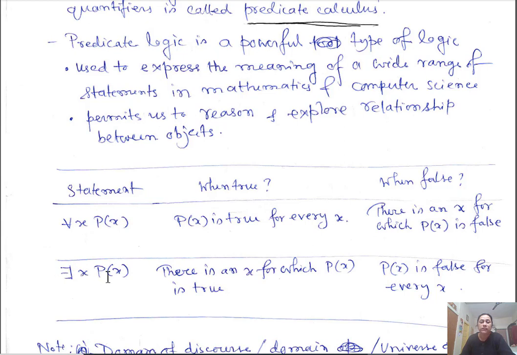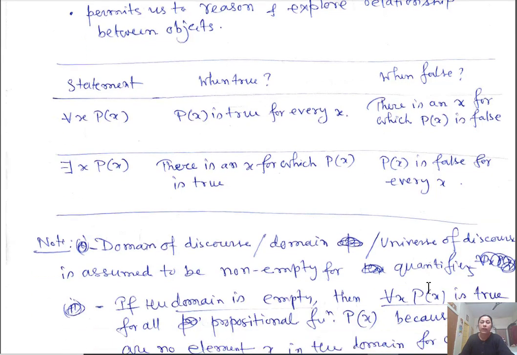And there exists x, P(x), when true, means there exists some x for which P(x) is true. When it is false, that means for all x, P(x) is false for every x. Now, when you use this, you have to define the domain of discourse, the domain of this variable, the universe of discourse. This universe of discourse is assumed to be non-empty for quantifiers.